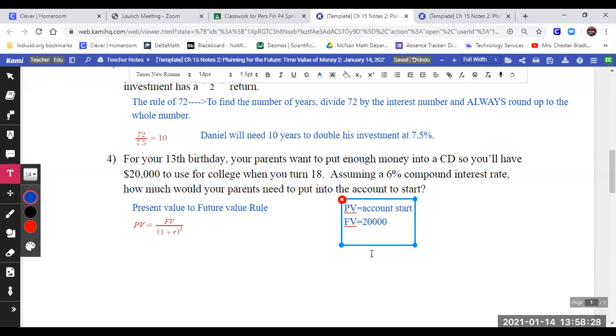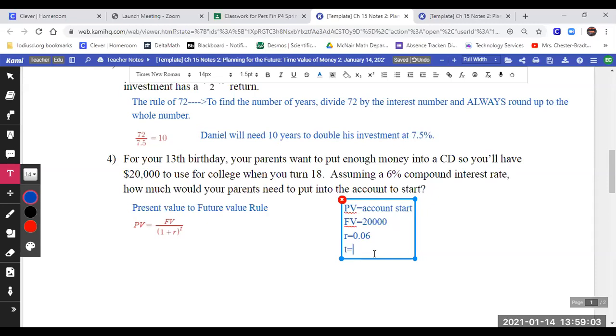Yes. Do we know the rate that we're going to earn money at? As a decimal, what would we do? .06. And then what's our time limit? How long do they have for this to stay in the account?